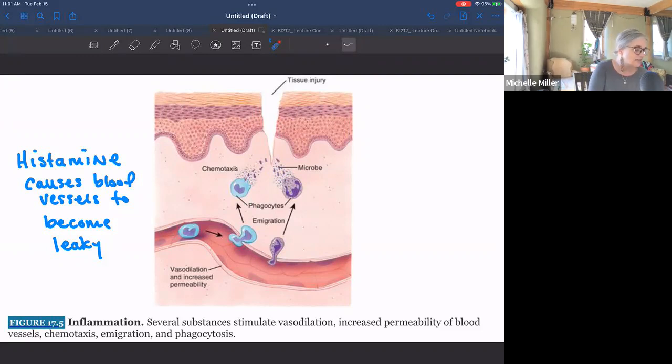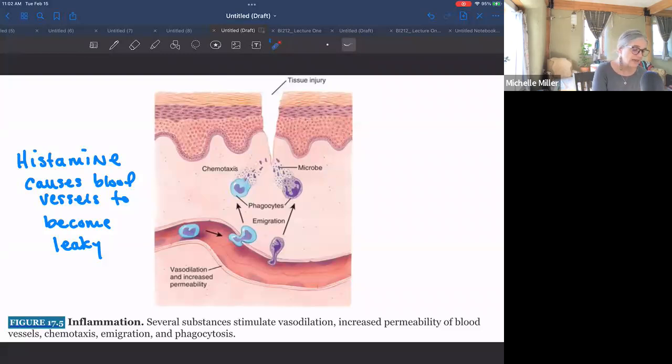So histamine is one of those things that causes inflammation. If you have lots of inflammation in your throat, then that can actually cause problems with breathing. And so that's why antihistamines are important, drugs to decrease that production of histamine.